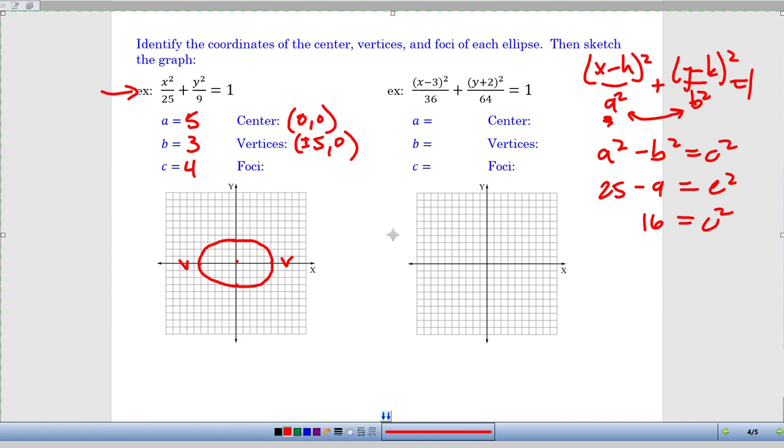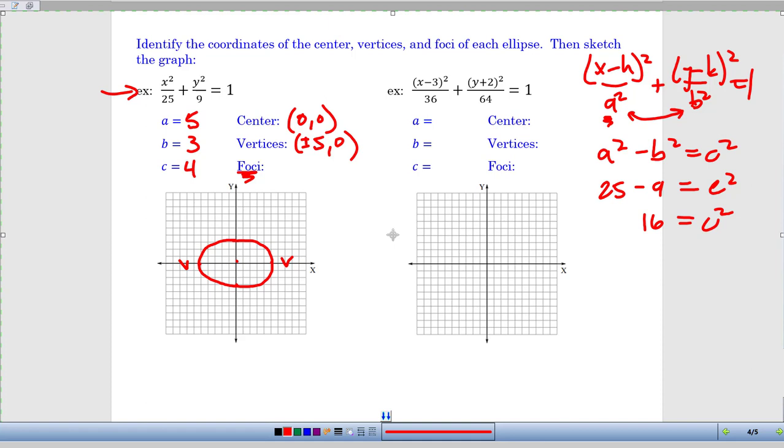We do, however, need to make sure that we locate the foci, because if we go back to the definition of an ellipse, we're going to see that it's all based on those foci. Remember, the points that are on the curve of the ellipse are those for which, if we add the distances from these two foci, the sum of those distances is always the same.